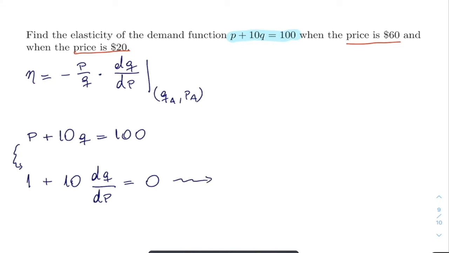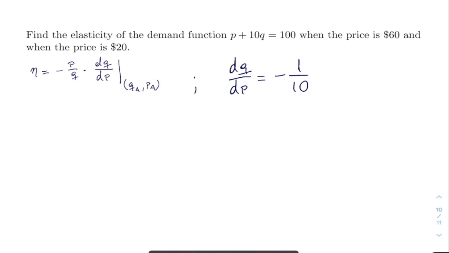So from this, solving this problem, we get that the derivative of Q with respect to P is equal to negative 1/10. Now we have the derivative, and notice that the derivative is constant. It doesn't depend on the point we're evaluating it, so we don't need to worry about this. We will see some examples in class where we have to change the point. So the only thing remaining is to find P and Q for each case.